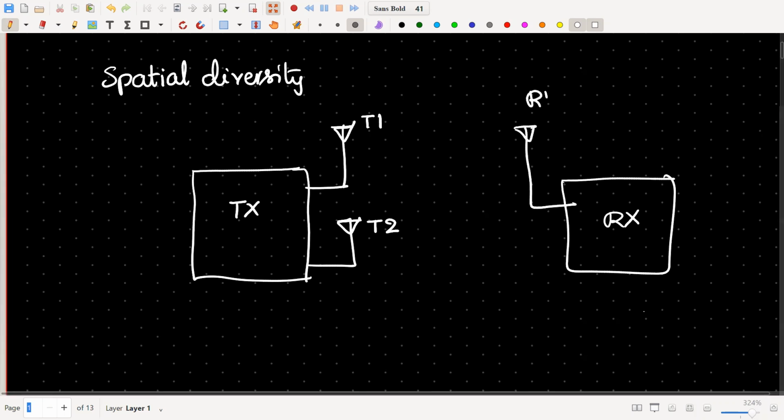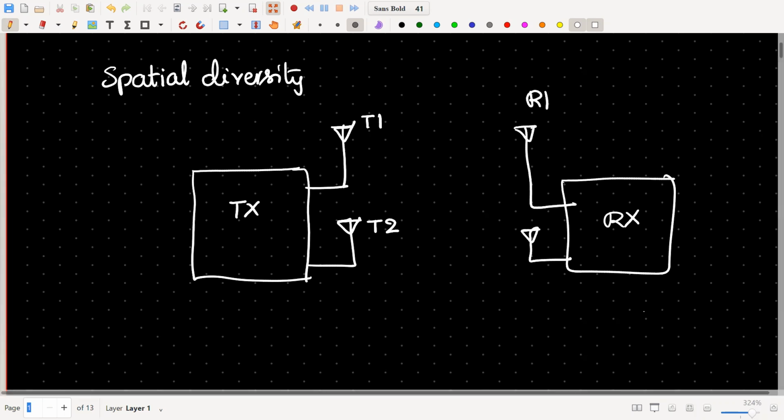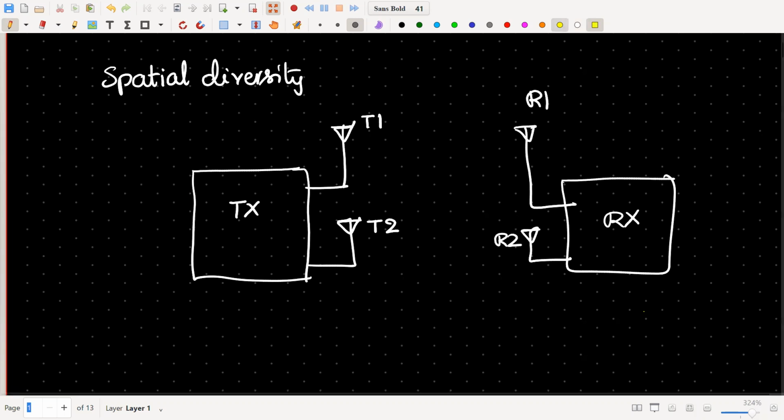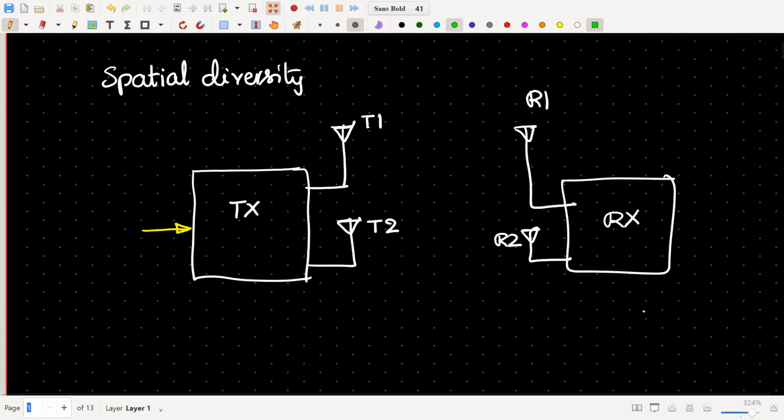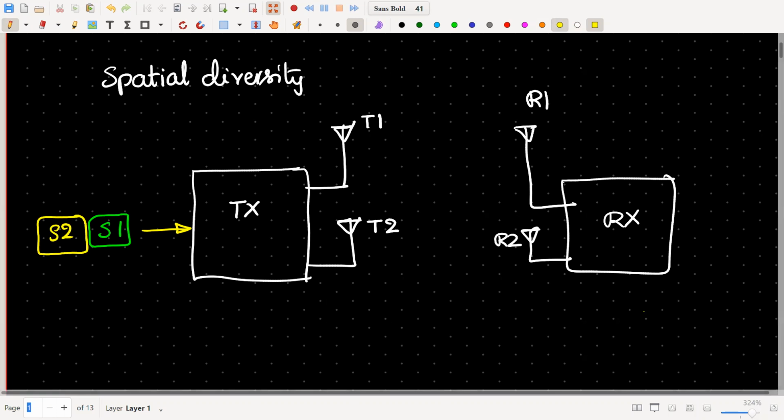You have receiver antenna R1 and receiver antenna R2. Now say at the input you have two symbols, symbol 1 and symbol 2. You know very well, a symbol is a group of bits, say 2 bits, 3, 4, and so on. So I have a couple of symbols, S1 and S2.